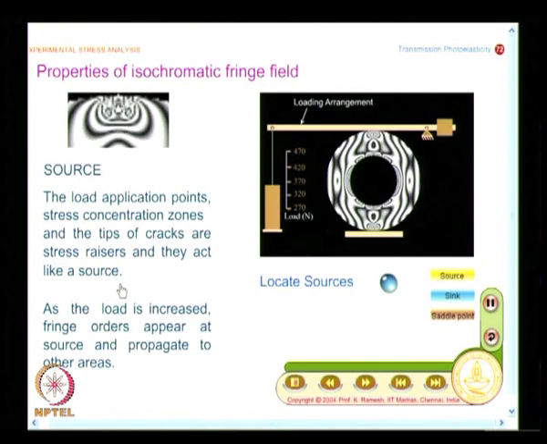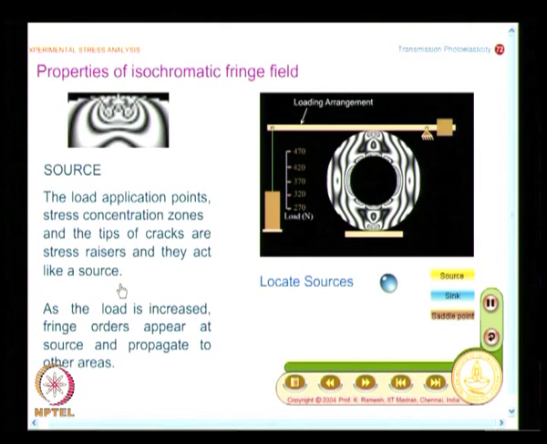So, when you increase the load, the fringes start to appear from this source and move out as the load is increased. These are the fringes that come first when load is applied. As the load is increased, fringes originate, and if you label a fringe order, the fringe order moves with the fringe as the load is increased.